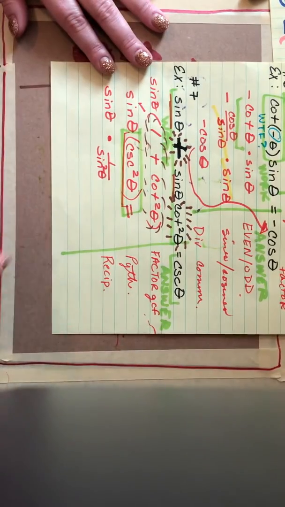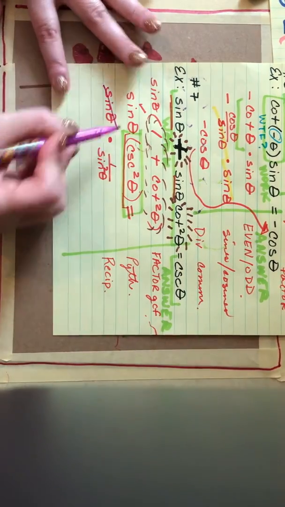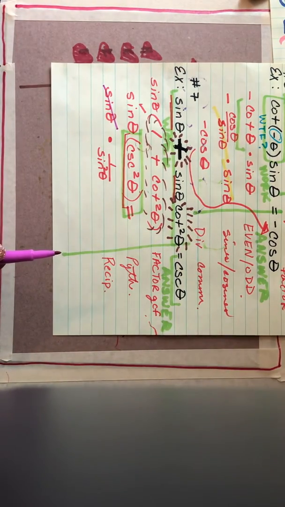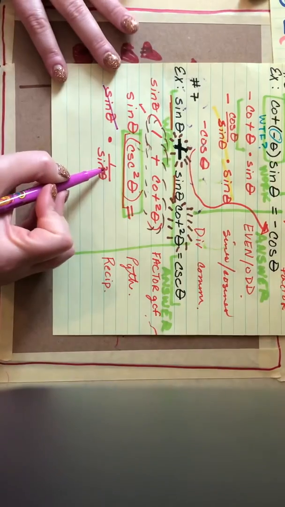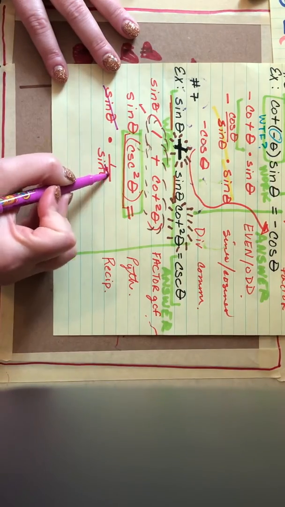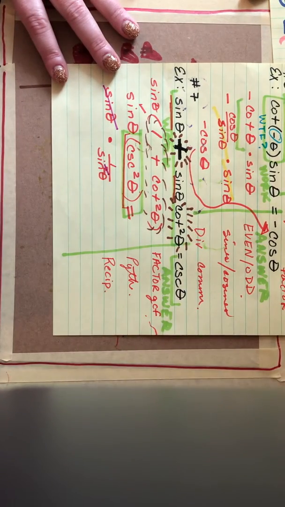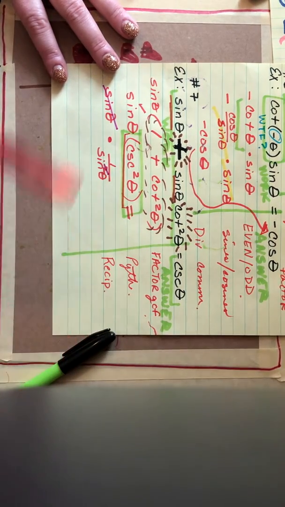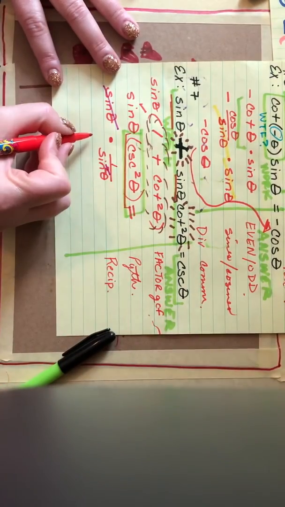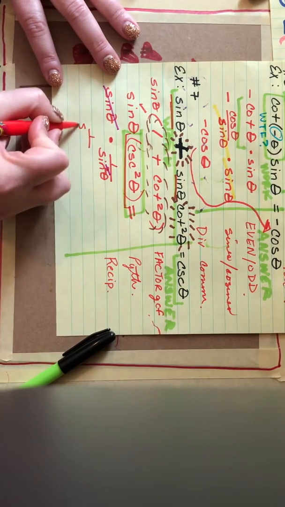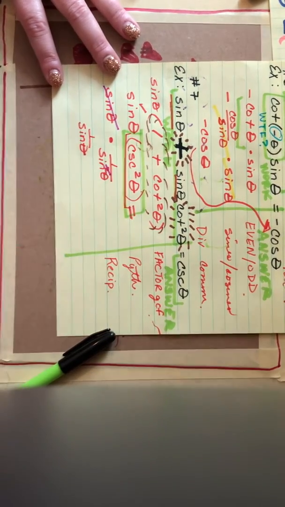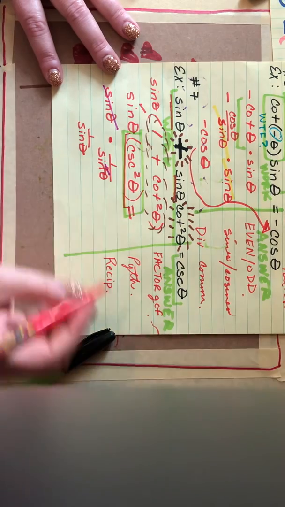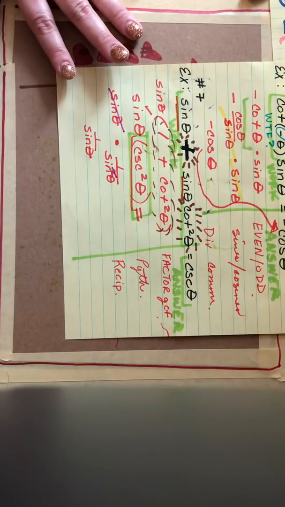Okay, now, I don't know if you remember this, but we can cancel the sine on top with 1 of the sines on bottom. And we get 1 over sine theta. And then that's another reciprocal identity.